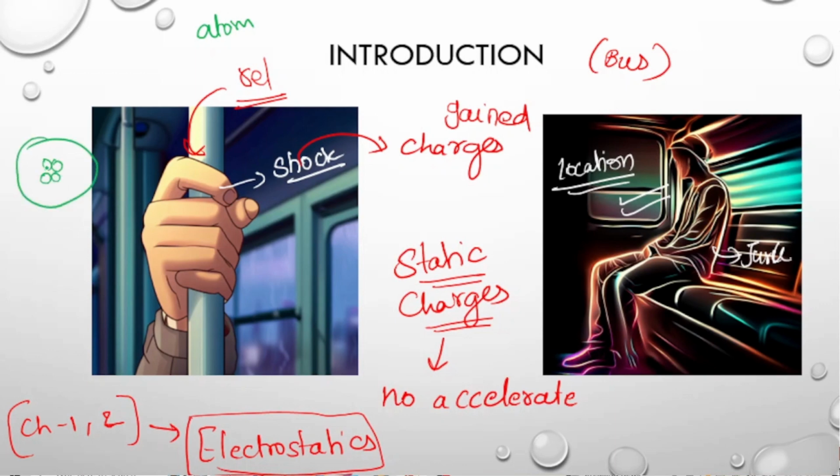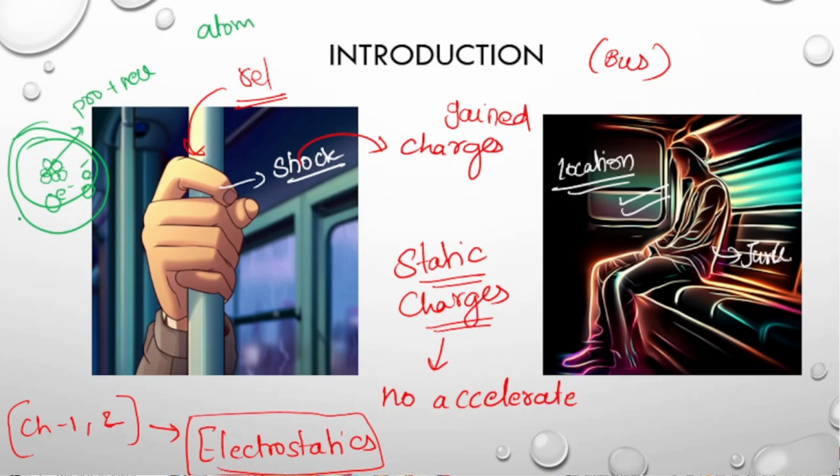I'm talking about the atom that you read in chemistry. The electrons will be moving in this way, and in between you have the combination of protons and neutrons. You all know that an atom will always be neutral in its basic form.